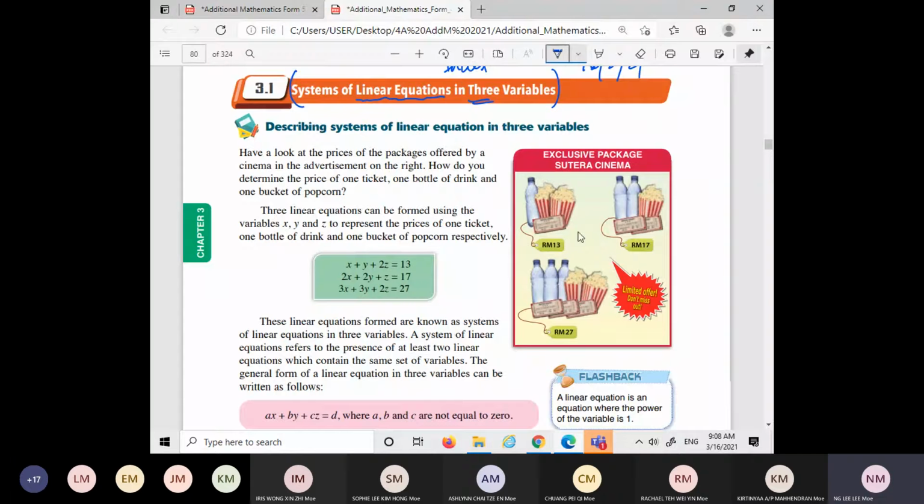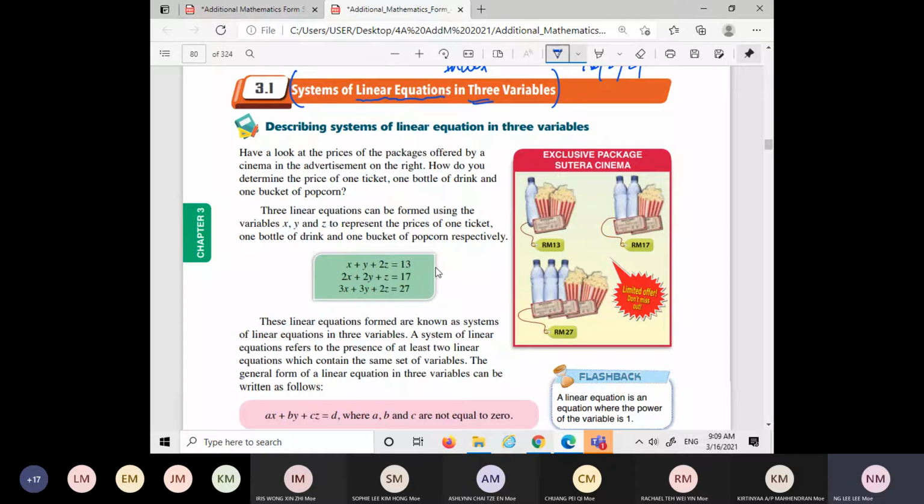If this one is 1 ticket, 1 bottle of drink, and 2 popcorn, the price is 13. This is 2 tickets, 2 drinks, 1 popcorn, the price is 17. 3 tickets, 3 drinks, and 2 popcorns, the price is 27. So actually, you want to know the price of 1 ticket, 1 drink and 1 popcorn.